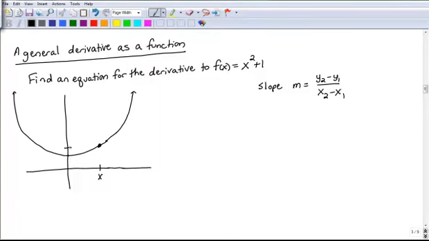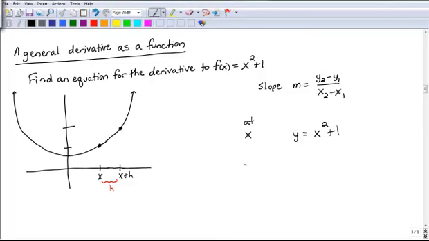And so the y value at x is f of x. So at x, the y value is x squared plus 1. And I'm going to do the same little trick by moving over to the right h. So the second point is going to be x plus h more to the right.